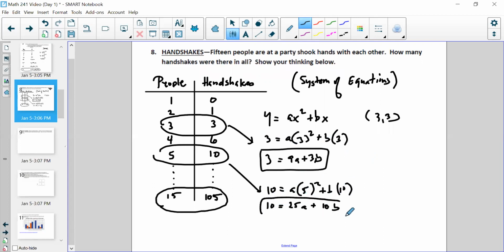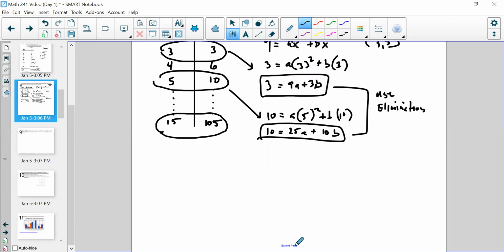So I want to use this equation. And these two, in your systems of equations, you can use elimination. And so with that, I just need to figure out which variable I want to eliminate.